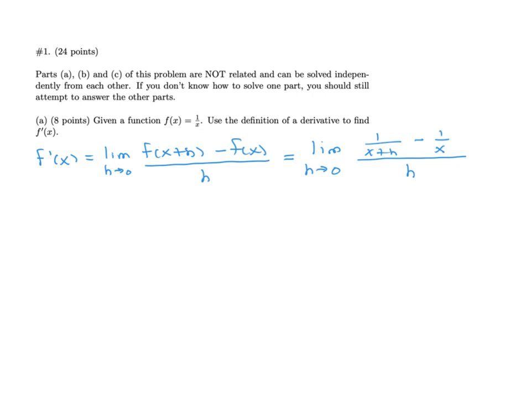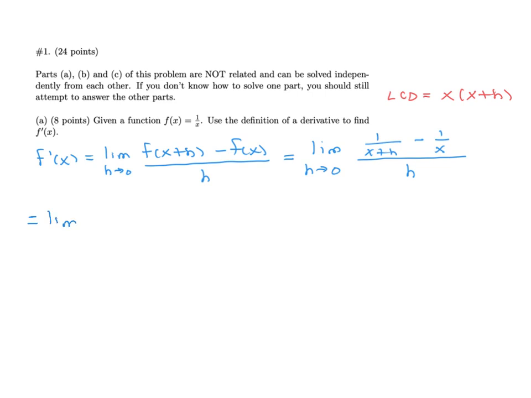I think a good approach here is to cancel the fractions within fractions, which means I'm going to multiply by the least common denominator, which is x times x plus h, the product of the two denominators. I'm going to multiply that to every single term, essentially multiplying it to the numerator and the denominator.